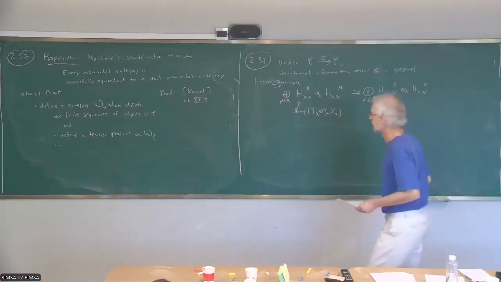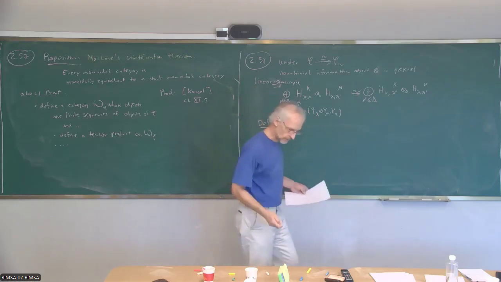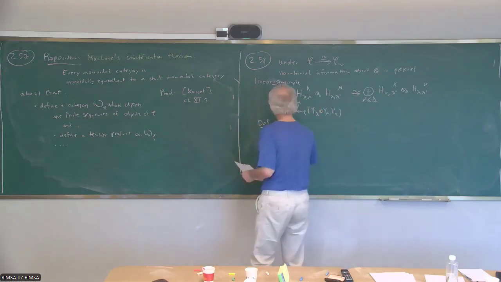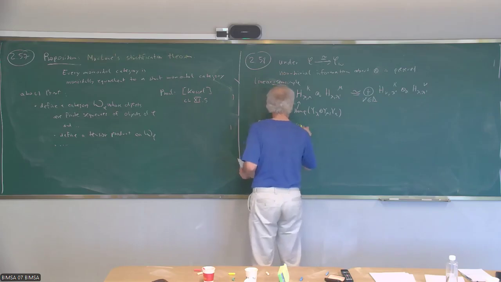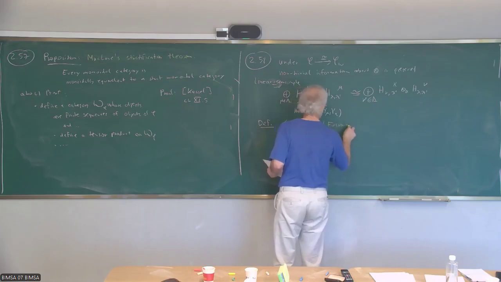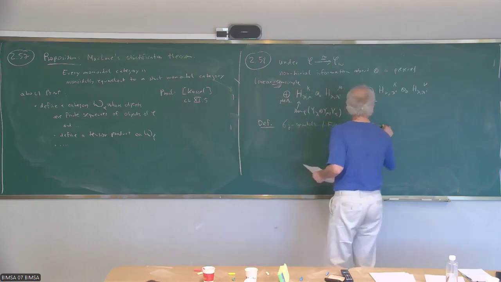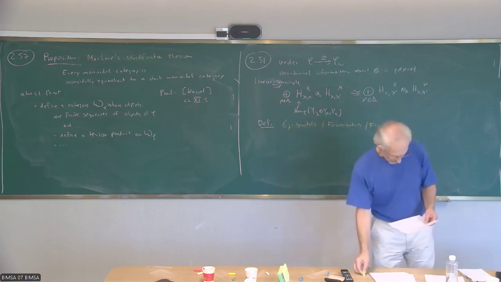And then you can define what's called the 6j symbols. I often use this name. Other people call it fusion matrices, or also just F matrices, because often we use the letter F for them.